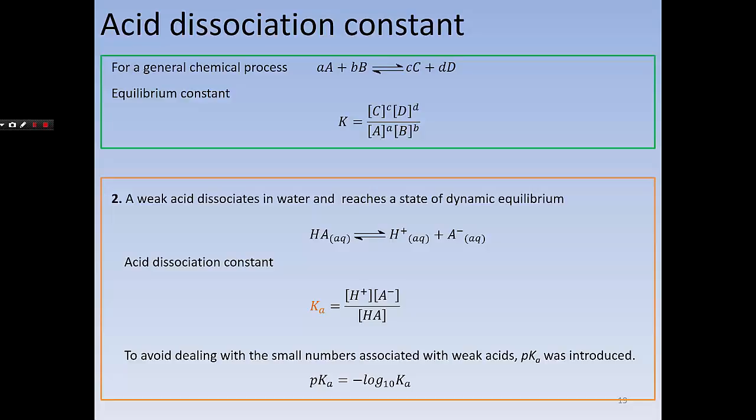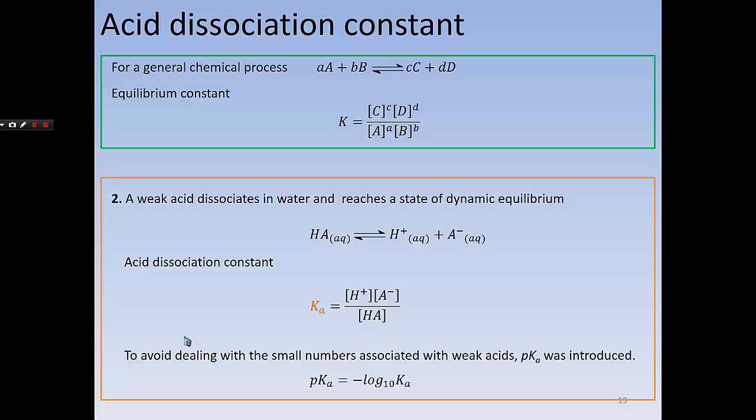Another point I would like to make is that the acid dissociation constant of a weak acid is usually very small, usually below 10 to the negative 3. So for such small numbers, we again prefer the log scale.